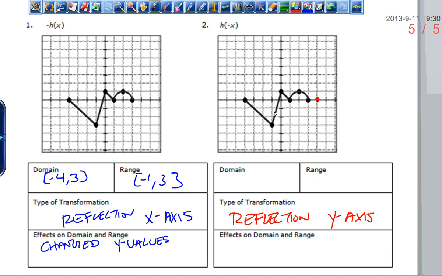Instead of being at -1, -3, it's now going to be at 1, -3. Does my point on my y-axis change at all? No. And then all my other points.